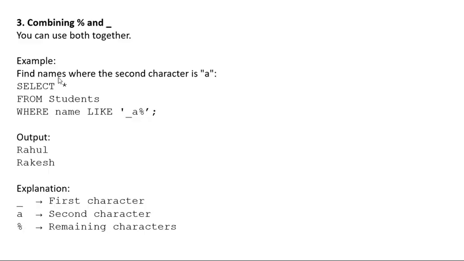For example, find the names where the second character is a: SELECT * FROM student WHERE name LIKE '_a%'; The first character can be anything, the second character must be a, and after that any characters, one or multiple, can follow. The explanation: the underscore is the first character, a is the second character, and the percentage is the remaining characters.